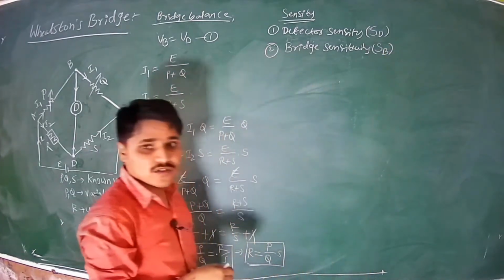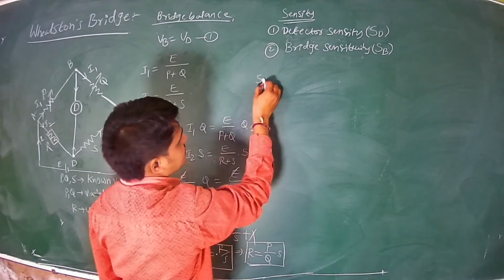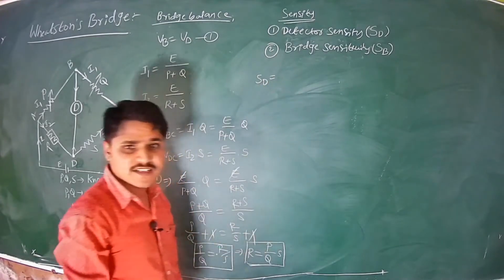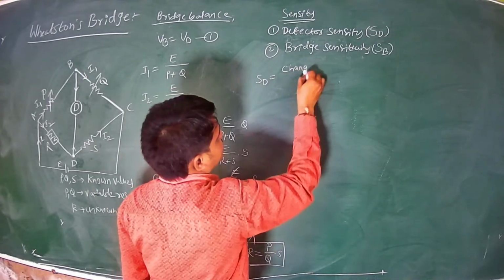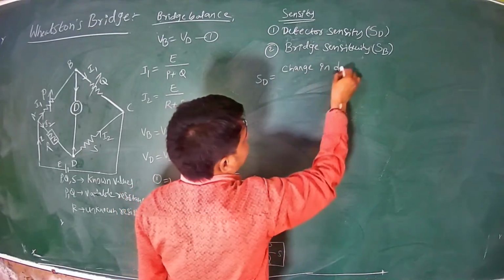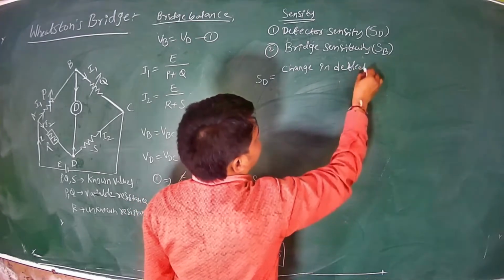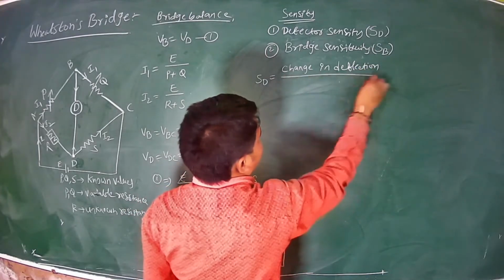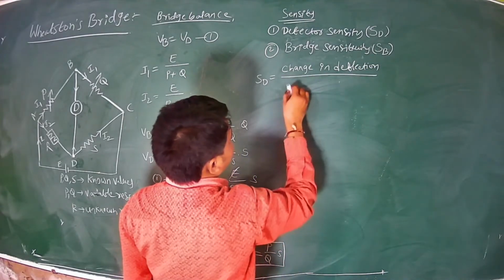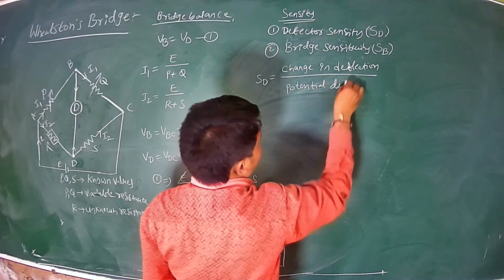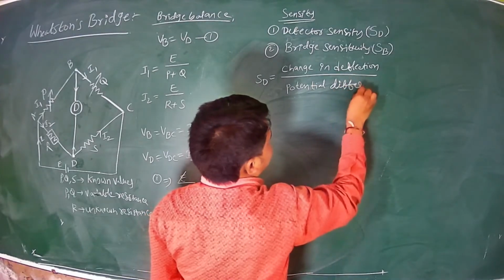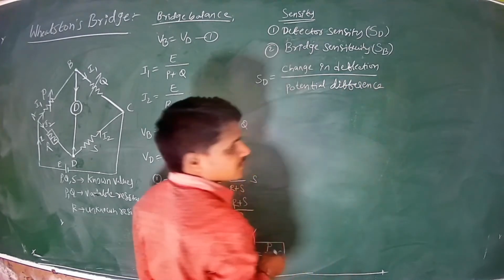The detector sensitivity SD is defined as the change in deflection of the detector by the potential difference across the detector.